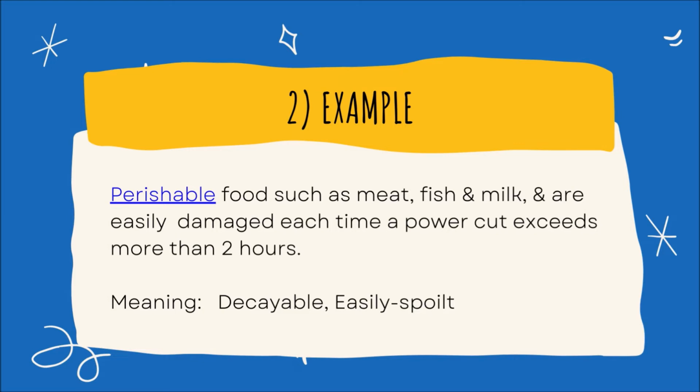So you're not sure of the meaning of perishable, but you can try to look at the examples. Examples of perishable food are meat, fish, and milk. So you can try to guess that the meaning of perishable is referring to food which is decayable or easily spoiled.